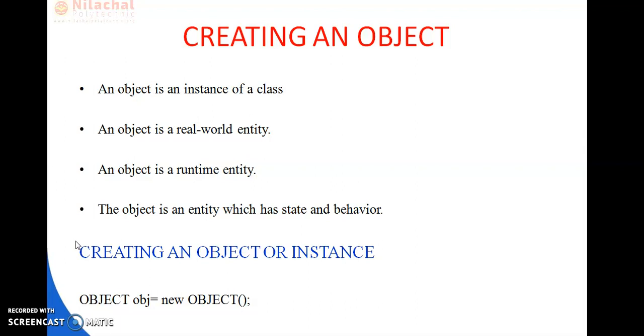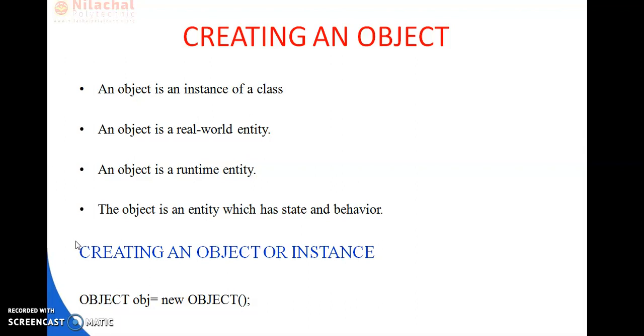And in this class, we are going to learn about objects, how we create an object, and how we access that object from other portions. Through an object we can access any of the methods. An object is an instance of a class, and it is also a real world entity.